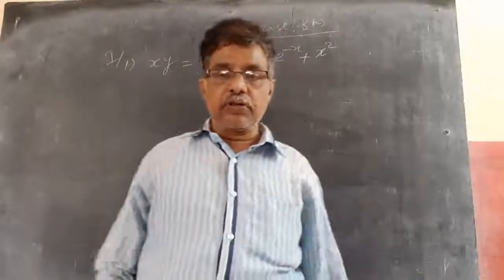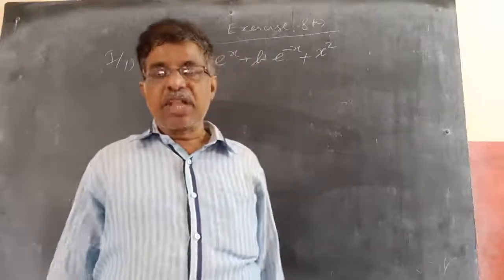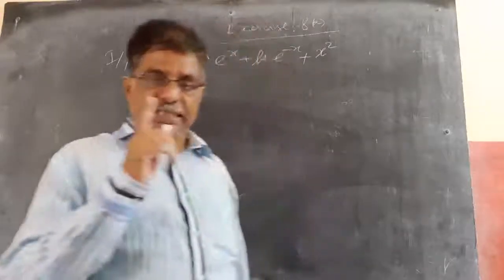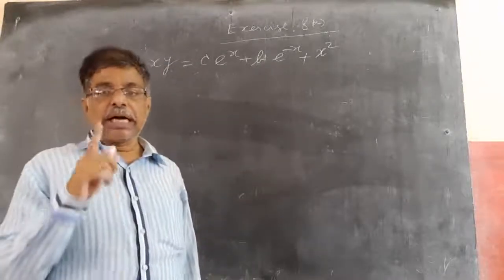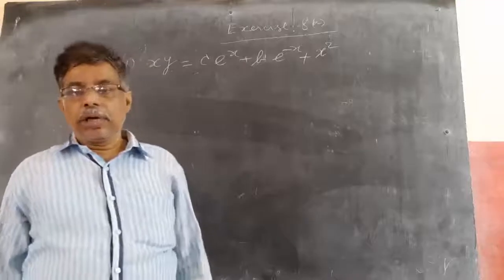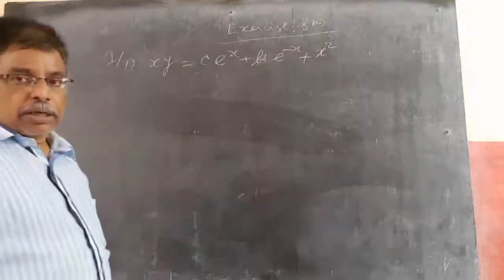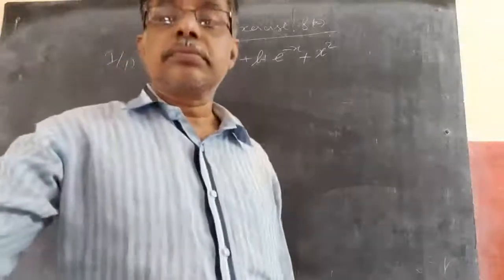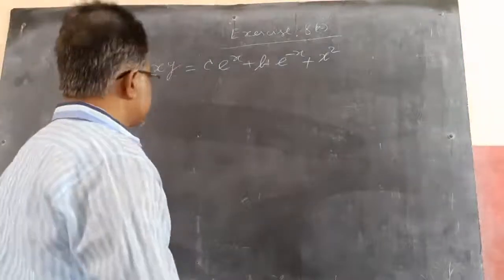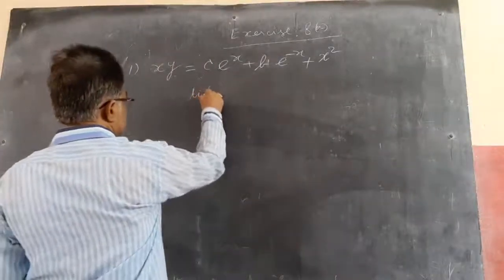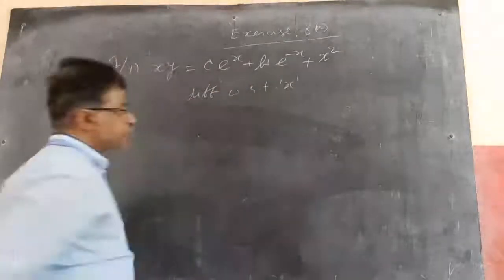Means first you need to find the differential equation. To find the differential equation, the procedure is first differentiate the given equation with respect to the independent variable. Differentiate the dependent variable with respect to x.